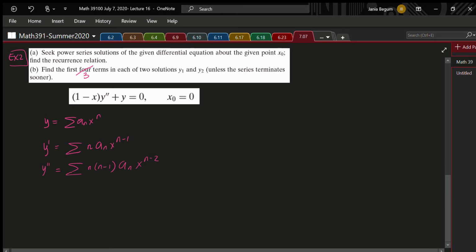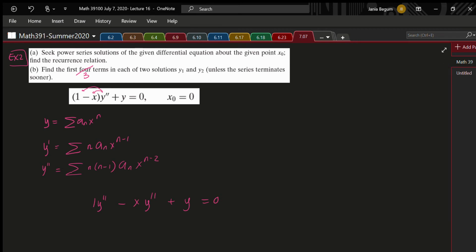Now if my differential equation involves more than one term in front of any of these terms involving y, I like to distribute so that it looks a little simpler. So we have the following: 1 times y double prime minus x times y double prime plus y equals 0. And now I can plug in the expression for y double prime in terms of summation.